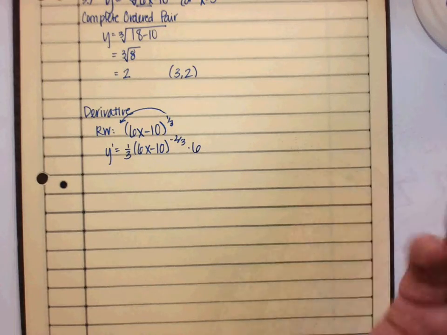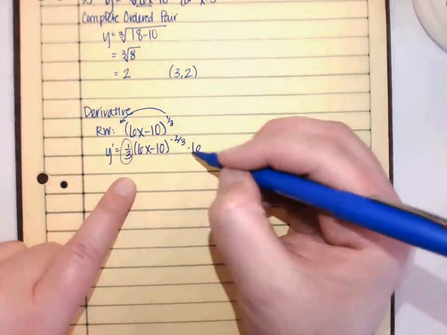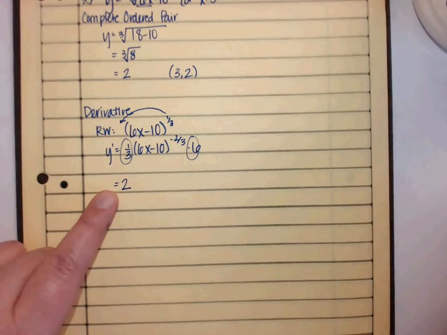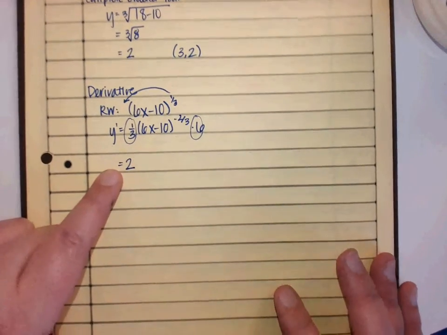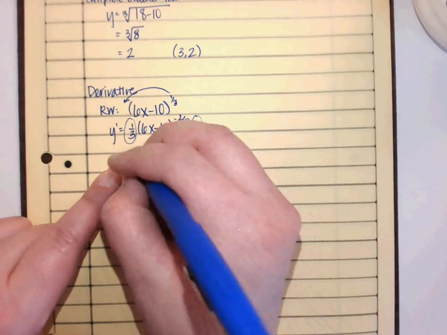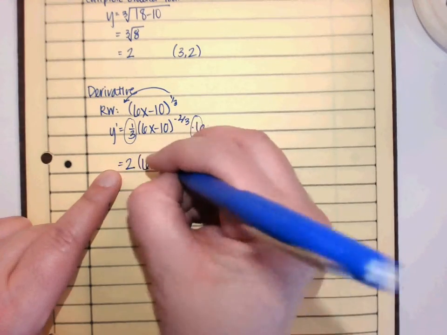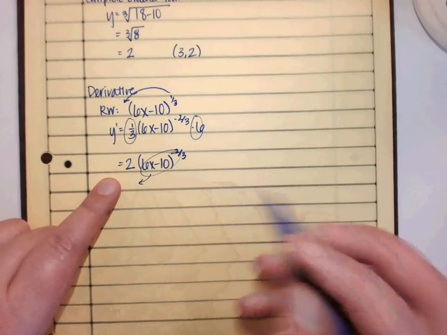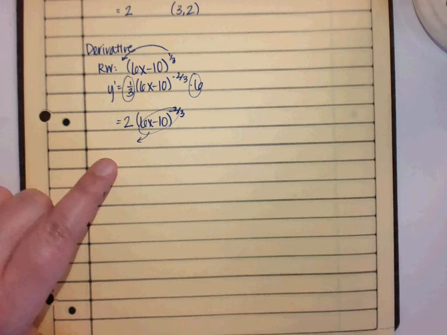Last time it was a times 1, so it didn't matter if you forgot it, but here it would matter. Okay, then what is a third of 6? Really, that's just a 2. If you're confused by that, remember a third just means divide by 3. So 6 divided by 3 is 2. And then if my 6x minus 10 has a negative 2/3 on it, where does that really belong? On the bottom. And if it's a 2/3, it's a squared, that's a cubic root as well.